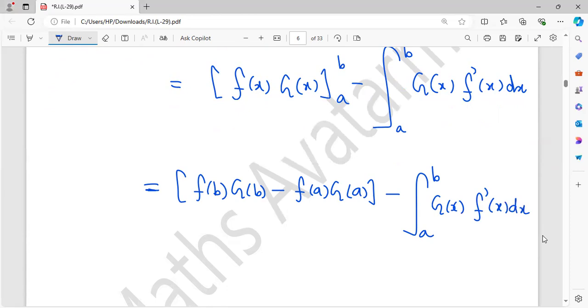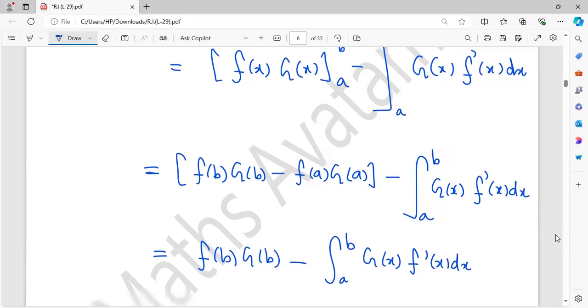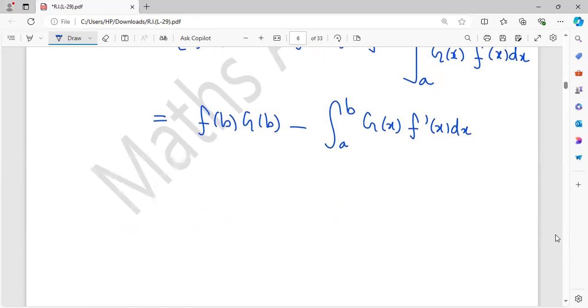But G a is 0, so it will become f b G b minus integral a to b G x f dash x dx. So we have this one, integral a to b f x g x dx. That's it. This is equation number 1.